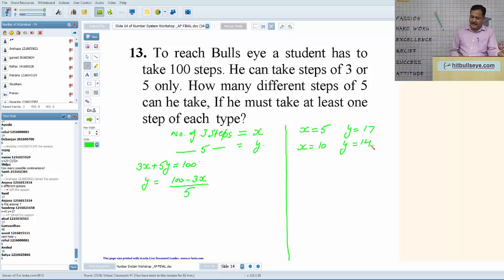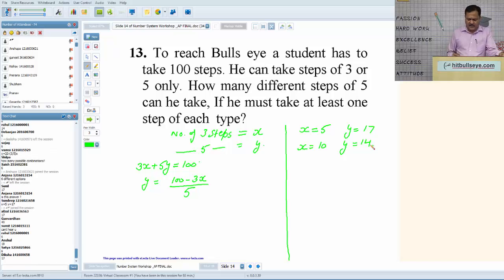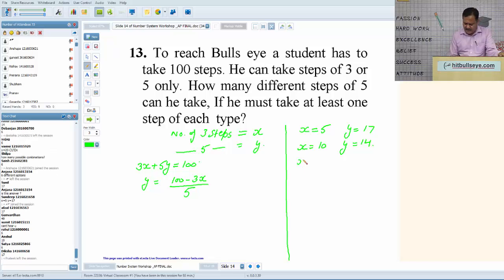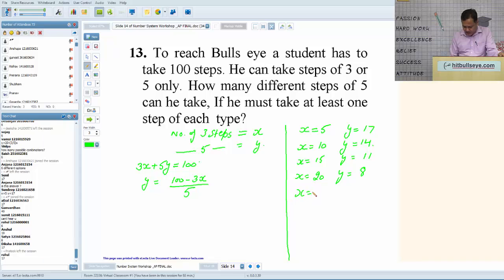Now we see that x increases by 5 and y decreases by 3. The next value is x equal to 15, so y is 11. If x is 20, then y is 8. If x is 25, then y is 5.